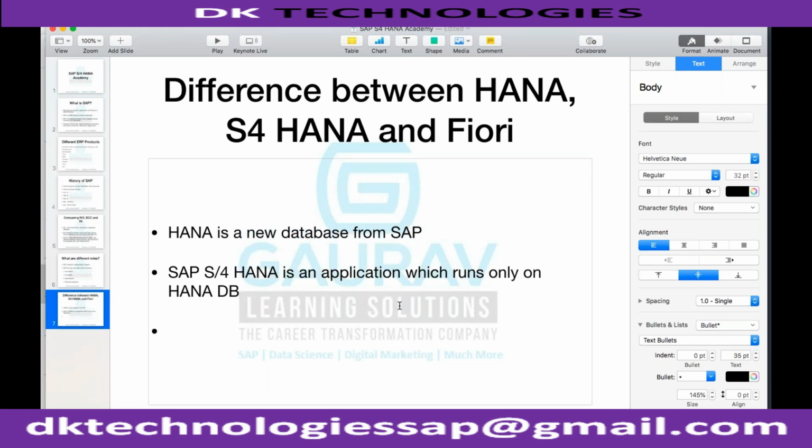And number three, Fiori is a presentation layer. In the bracket, I'm writing new user interface, again developed by SAP.